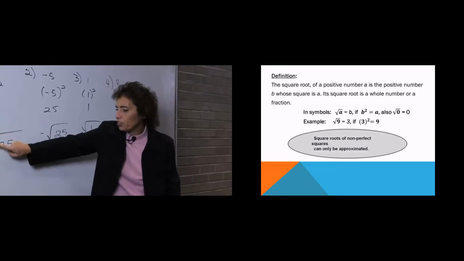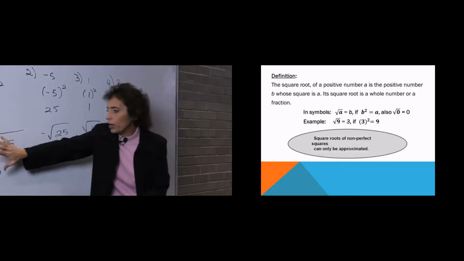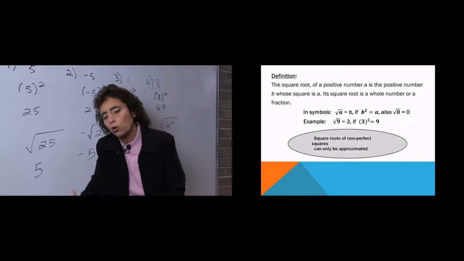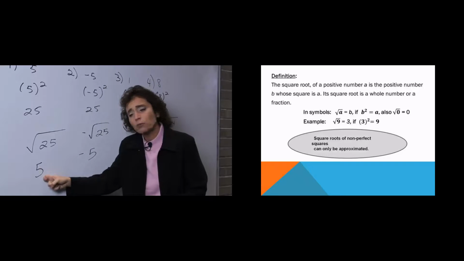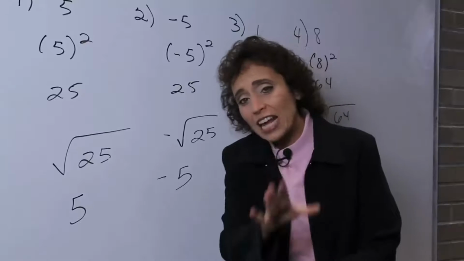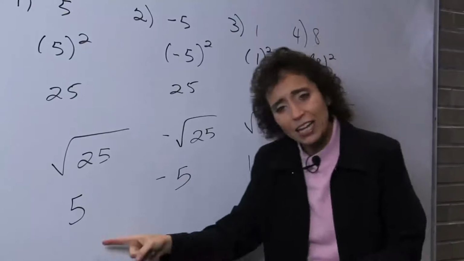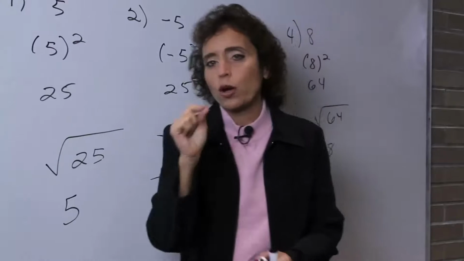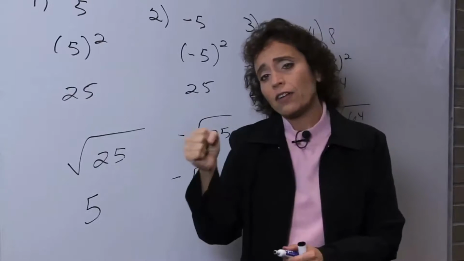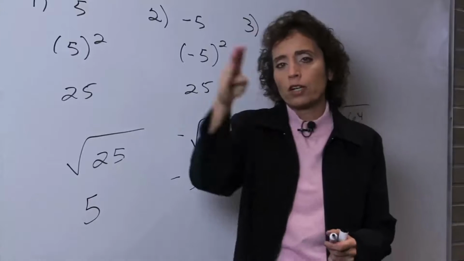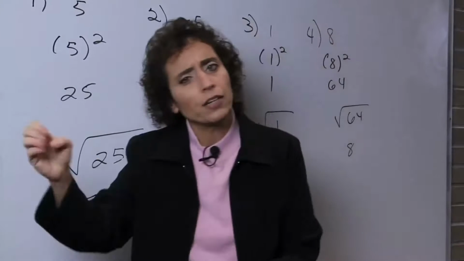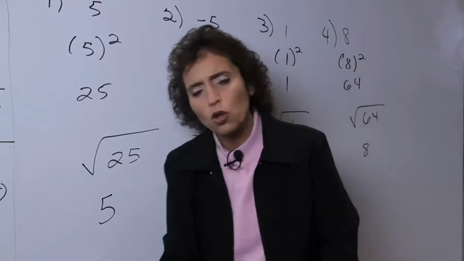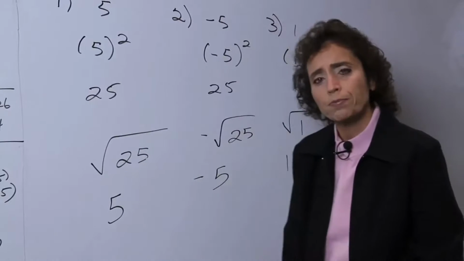We just care about this symbol, which means square root, and without anything in front of it, it means principal square root or positive square root only, because we know 5 times 5 is 25, as well as negative 5 times negative 5, but I don't want the negative 5 because of this symbol. If I asked you in words, what is the square root of 25, you're going to have to give me 5 and negative 5. Here's why. 5 times 5 is 25. Negative 5 times negative 5 is 25. But if I ask you with the symbol, it means principal or positive square root only.